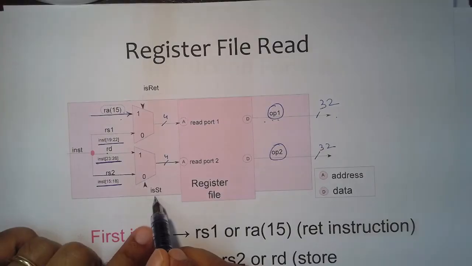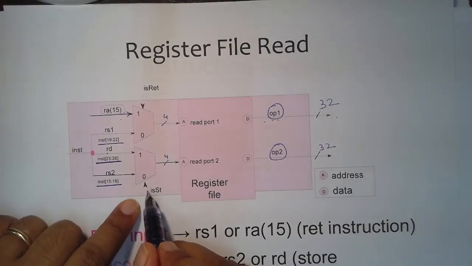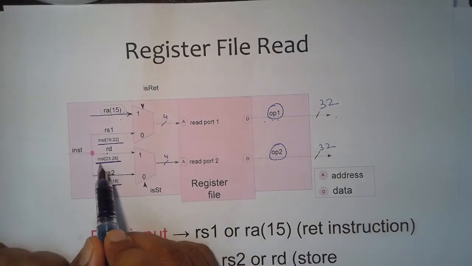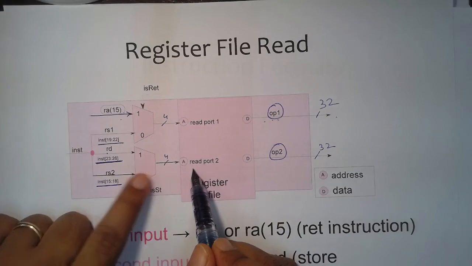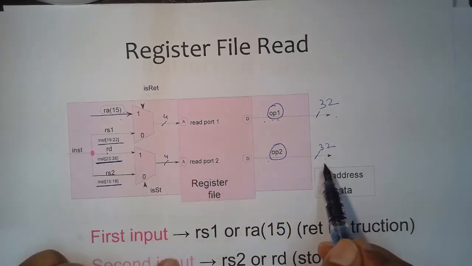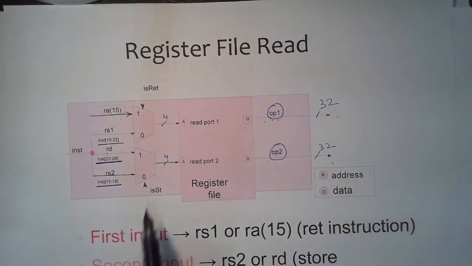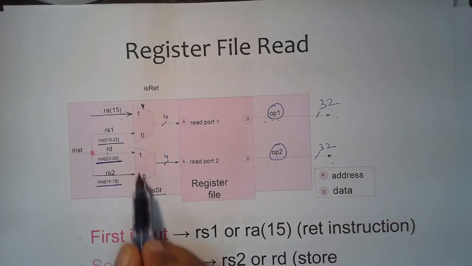Here I have a control signal which says whether this instruction is a store instruction. If so, then you take this input and read the content, and the data should be coming out as OP2. So, to accommodate this store instruction, we need this mux.